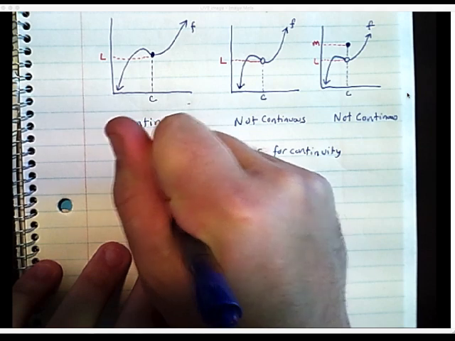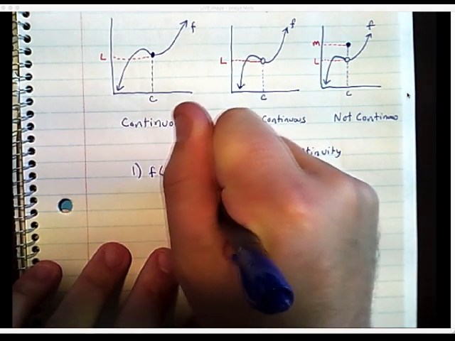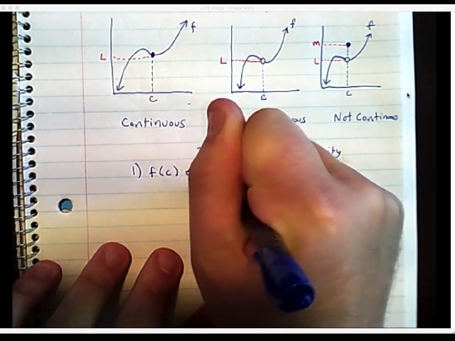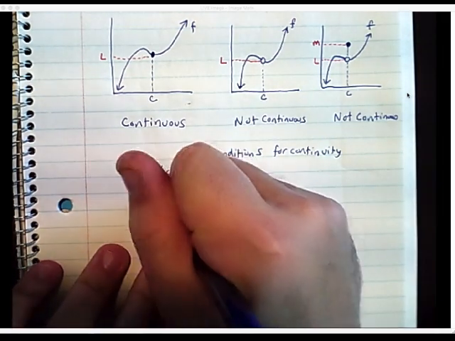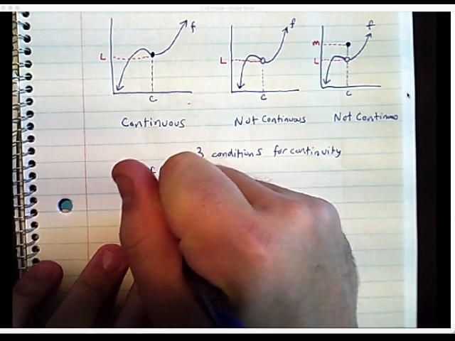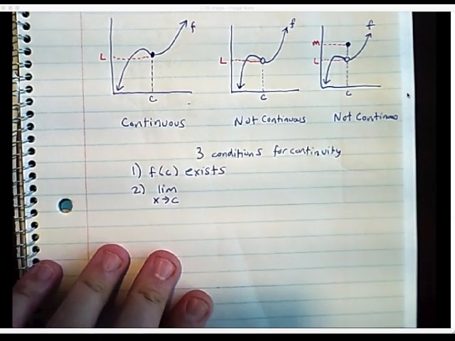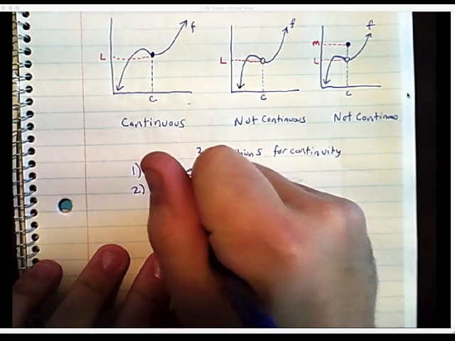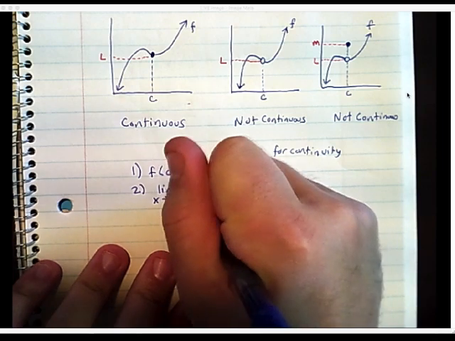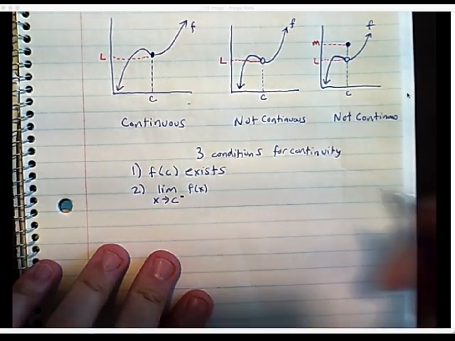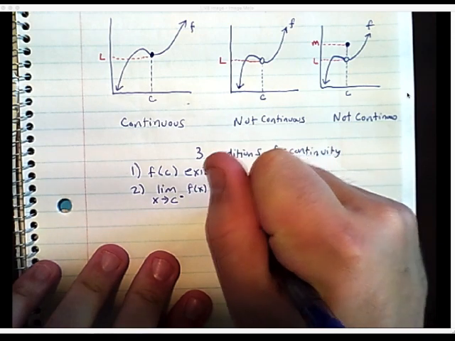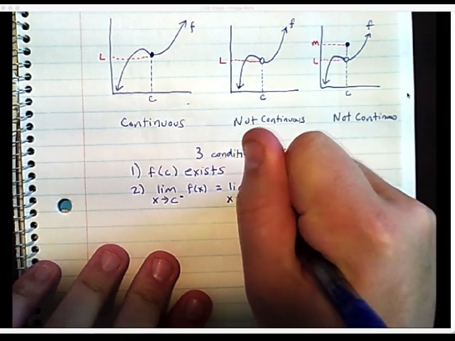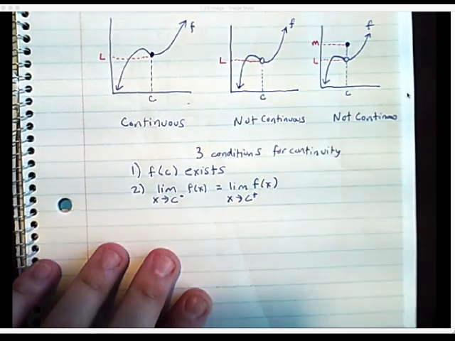The first condition is that f of c exists. The second condition is that the limit as x approaches c from the left of f of x has to be the same as the limit as x approaches c from the right of the function.